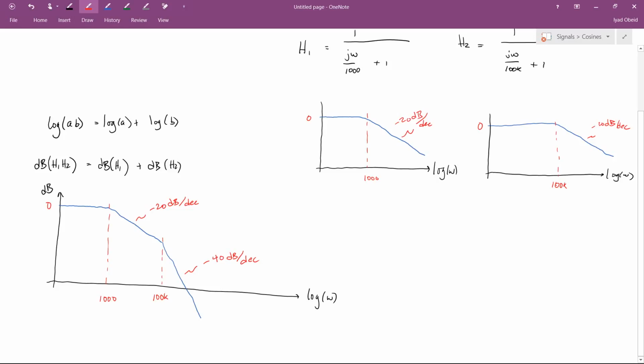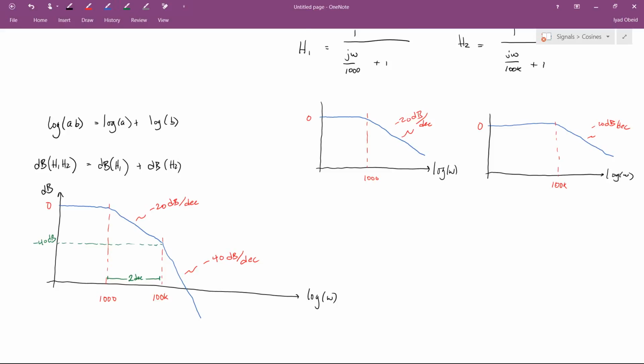So from here to here, there's 2 decades, which means that 2 decades at 20 decibels per decade means that you should have gone down by, this point should be about minus 40 dB, okay? Which is a gain of 0.01. So once again, the Bode plot lets us make some pretty nice observations pretty easily.